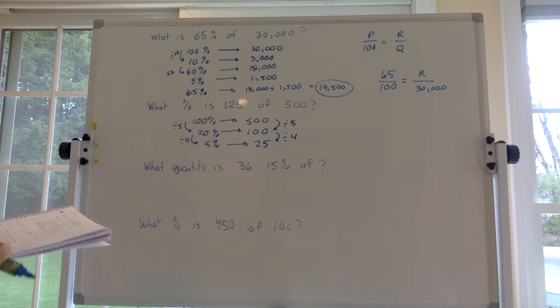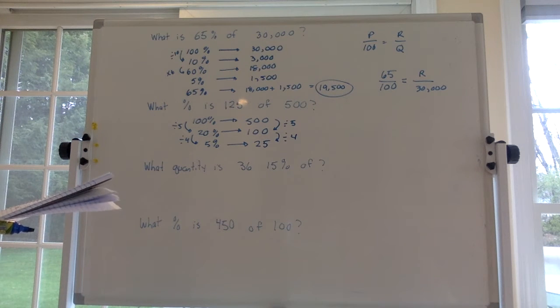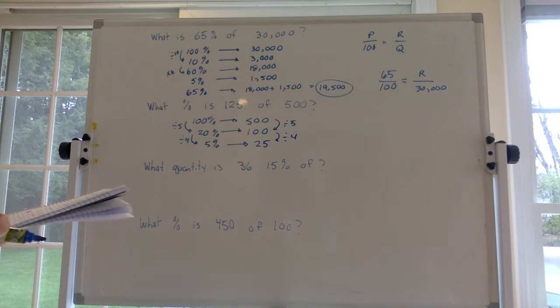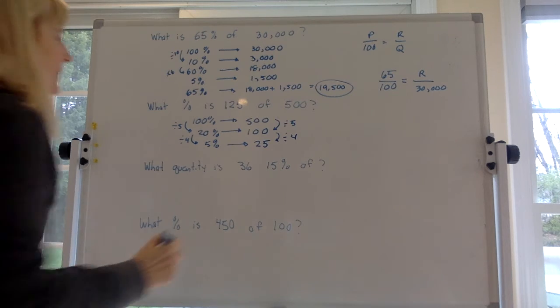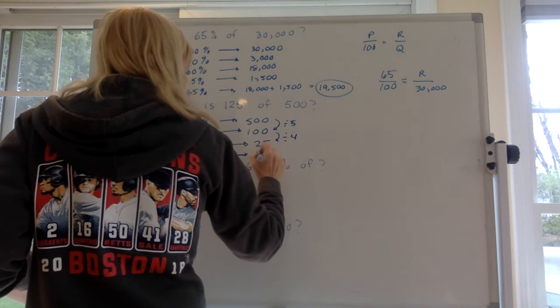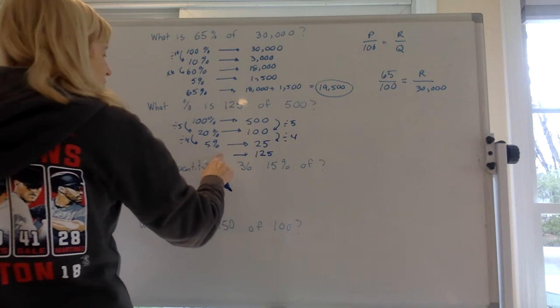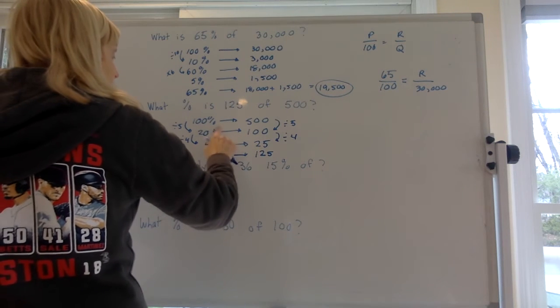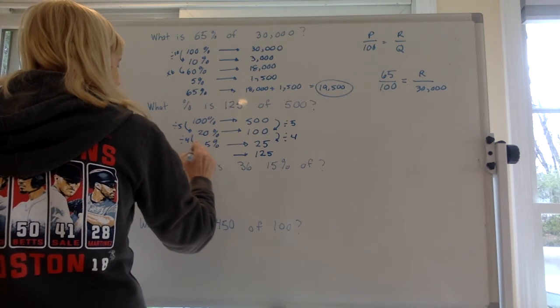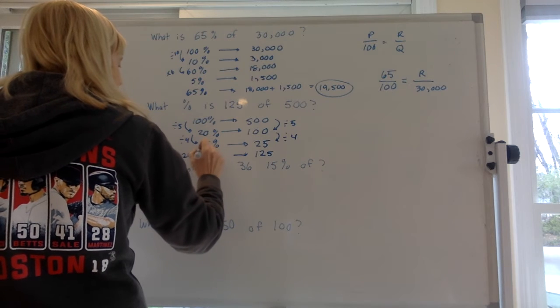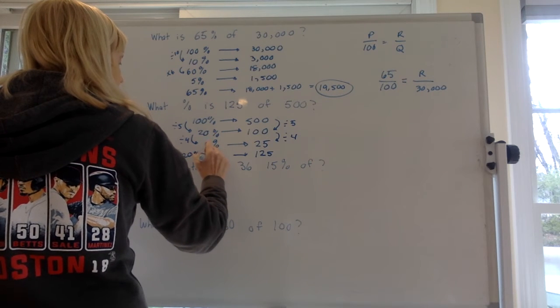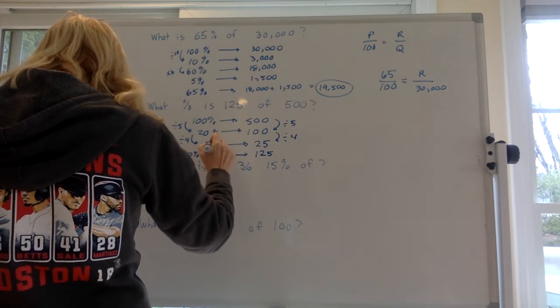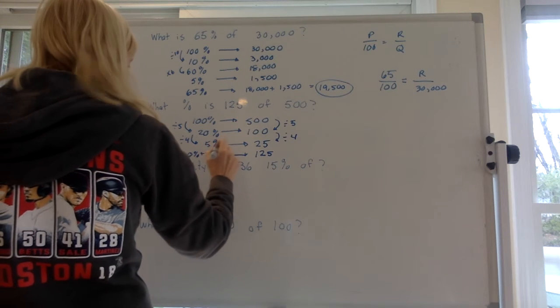So 5% corresponds to 25, but we want 125, right? So what do we have to do? We have to add the percentage that was for 100 and the percentage that was for 25, and I think that gives you 25%.